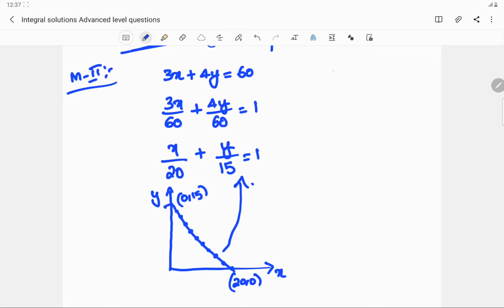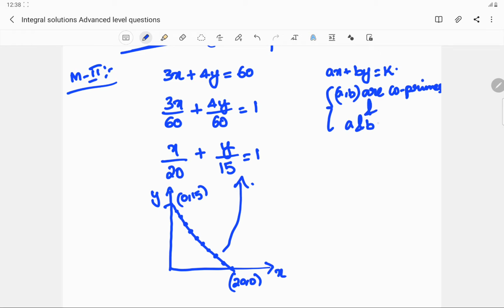Let us note it down here. If the given equation is of the form ax plus by is equal to k, then prior to this there are a few conditions it has to meet. a, b are co-primes, and a and b are both factors of k.